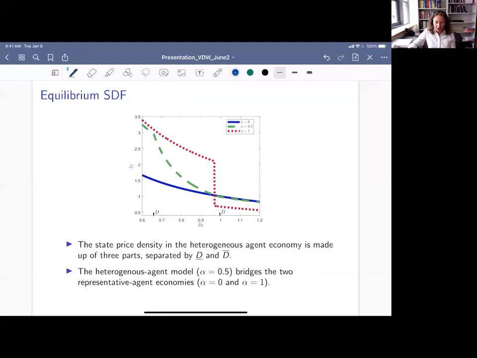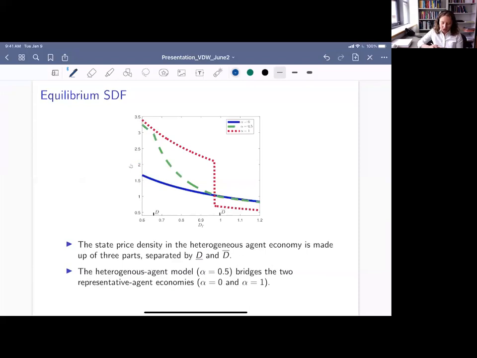When you have only the risk-averse agent, the blue line, corresponding to alpha 0, we get the standard CRRA pricing kernel where the curvature is determined by the risk aversion parameter. In the disappointment-averse economy, with one representative agent, the state price density jumps at the disappointment threshold. The size of this jump and the steeper slope to the left after the jump are determined by the degree of the utility kink, the L parameter, and the location of the jump is determined by kappa, the location of the utility kink.